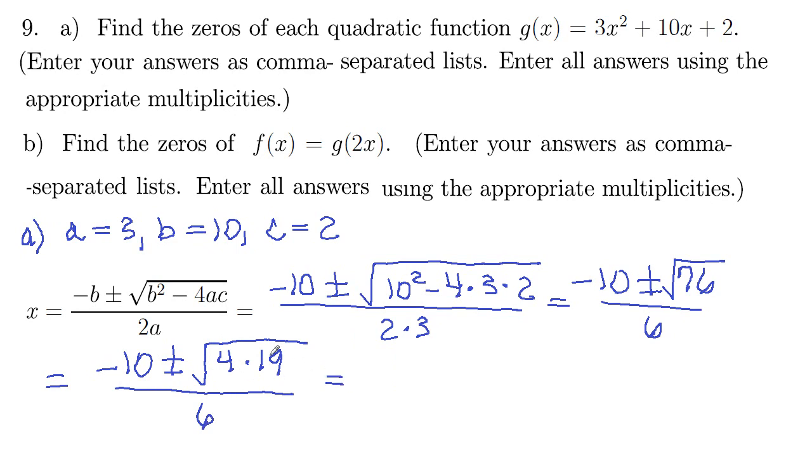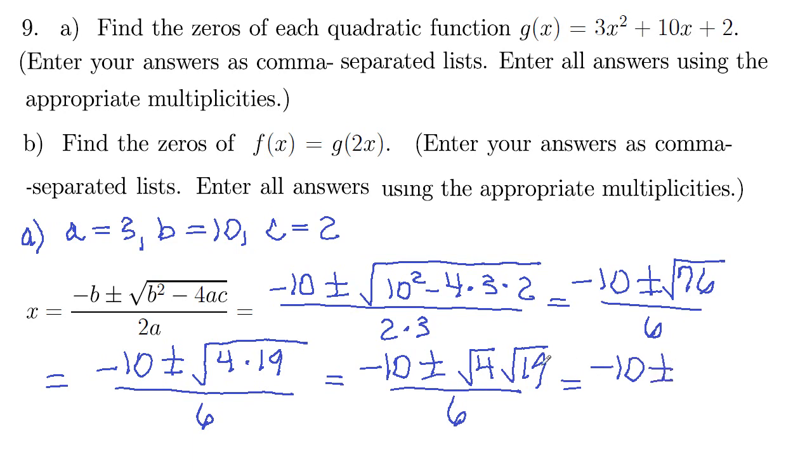And then we can break the square roots apart. So negative 10 plus or minus root 4 root 19 over 6. So that's negative 10 plus or minus, the square root of 4 is 2, root 19 over 6.